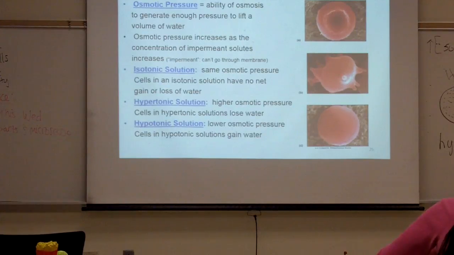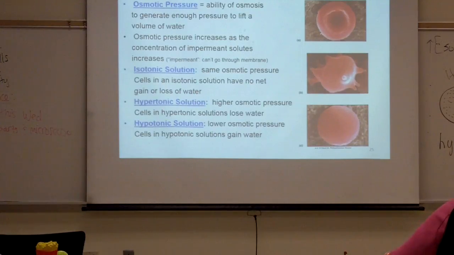Yes? Okay, so is it possible to say that water moves with or towards the solutes, right? Yeah, you're correct in this circumstance, because as the solutes are moving this way, the water's trying to dilute.